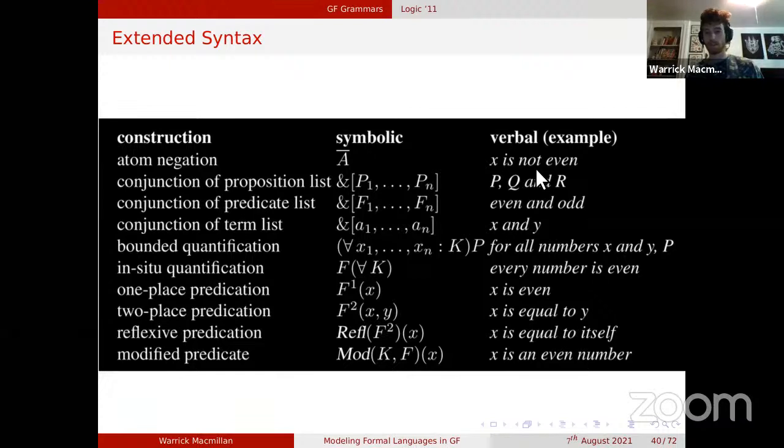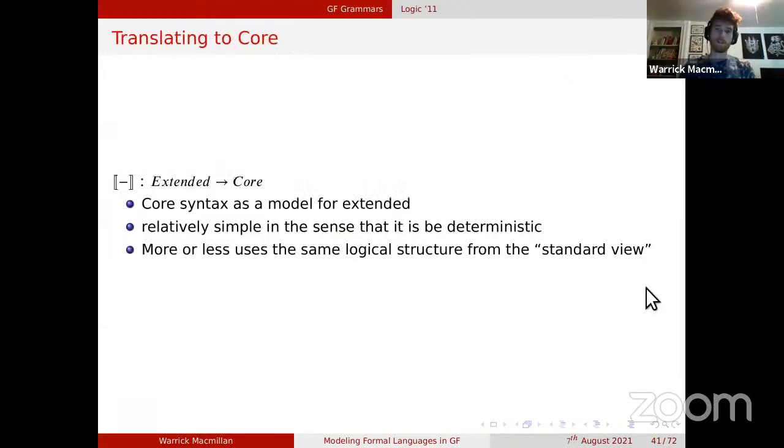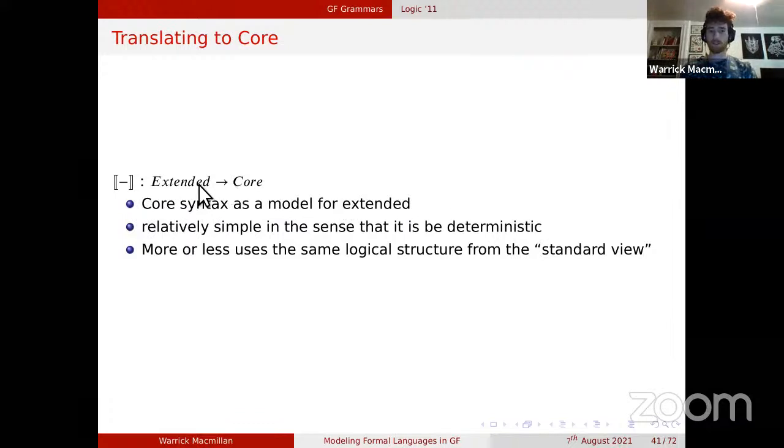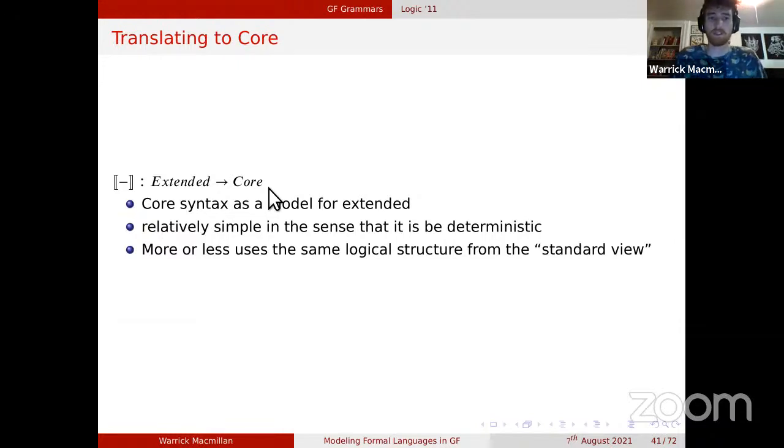Instead of saying it is not the case, you say x is not even. You have in situ quantification, which is a focus of Montague, but it exists in mathematical language as well, etc. The details may be better left to the paper if you want to look through the grammar yourself. And the whole idea is that you're translating between them via PGF. So from extended to core, it's what's called denotational semantics.